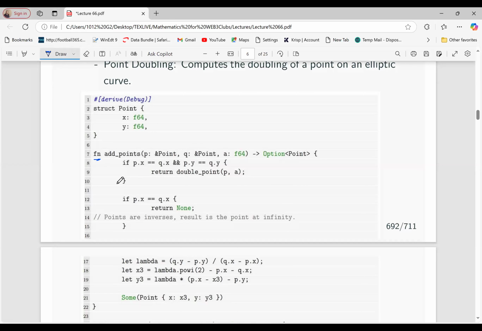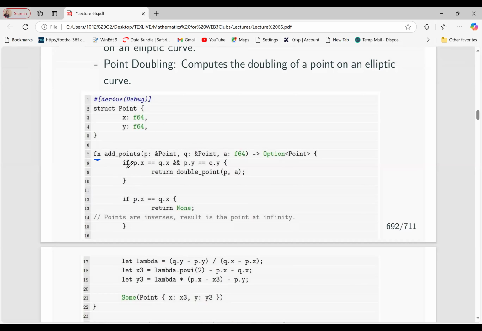If the value of x for point P and the value of x for point Q are equal, and also if the y values are equal, it has said, okay, this is what I'm referring to.